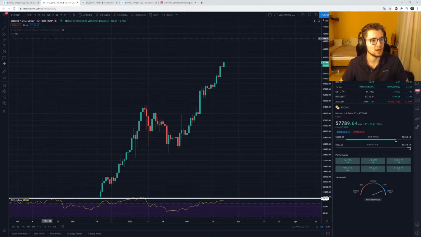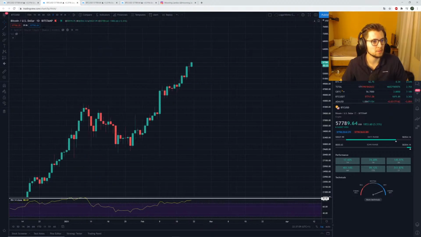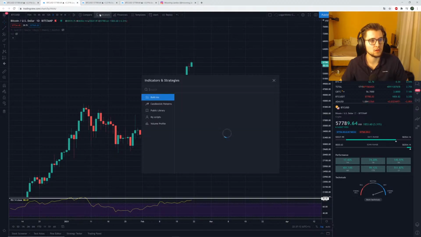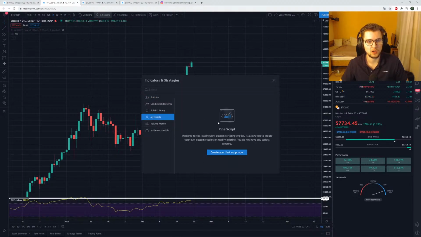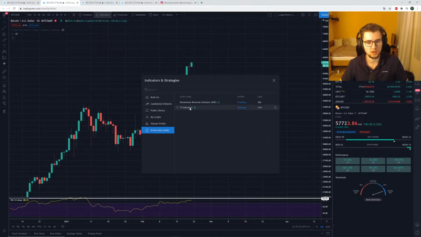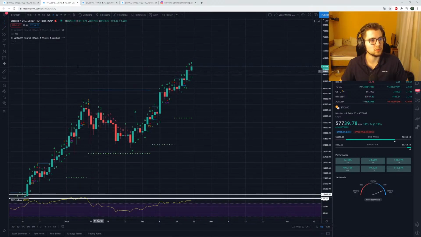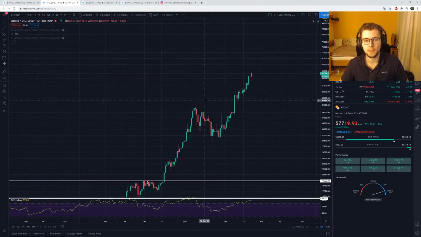Basically, I will eventually add my TA indicator sequential, which I have pulled up right here. Oh, okay. Invite only. There they are. Okay, so I will eventually pull up my TA indicator. I'm not going to do so for now.